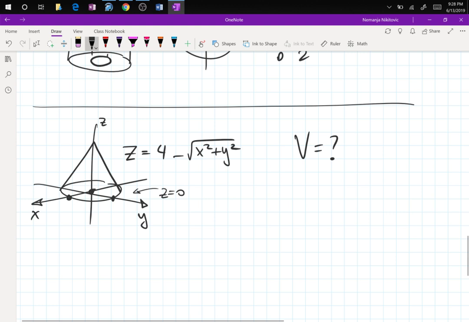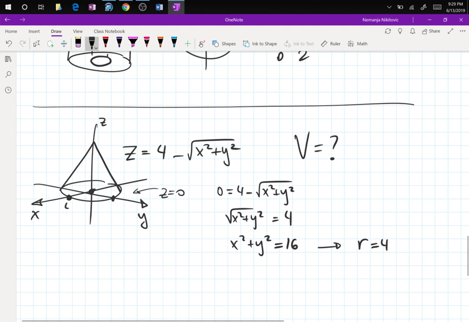So when z equals 0, you have 0 equal to 4 minus square root of x squared plus y squared. That's the square root of x squared plus y squared is equal to 4. When you square both sides, you get x squared plus y squared equal to 16. And from there, you know that radius is 4. Therefore, these are 4s.